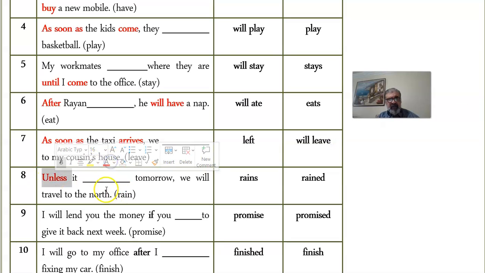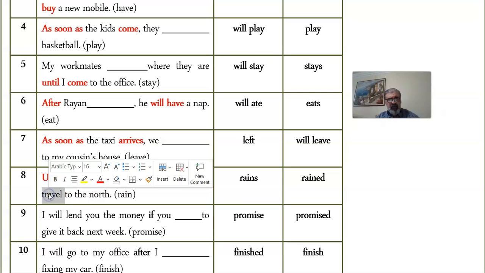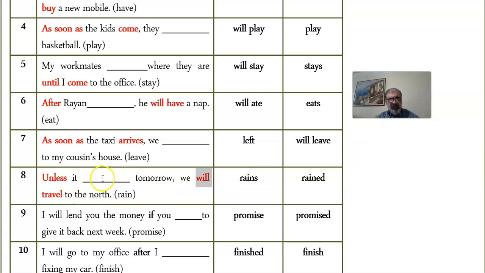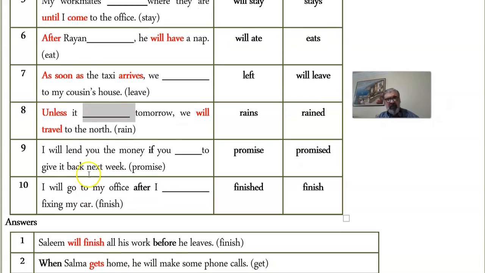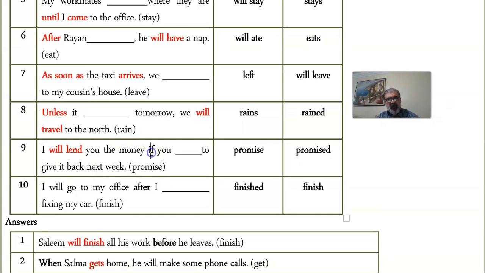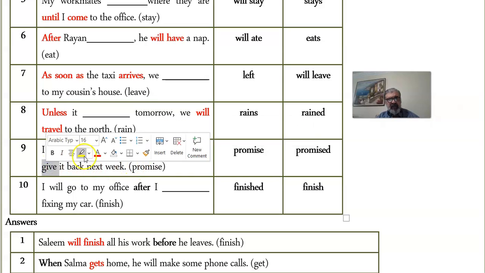Unless it rains tomorrow, we will travel to the north. Again, unless followed by the present simple first. I will lend you the money if or provided that you give it back next week.